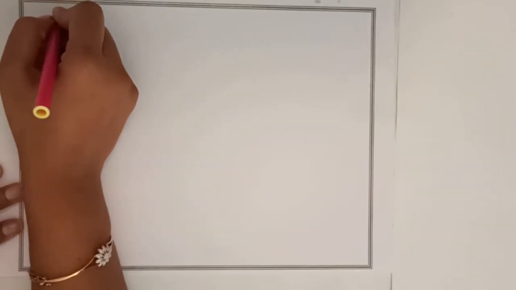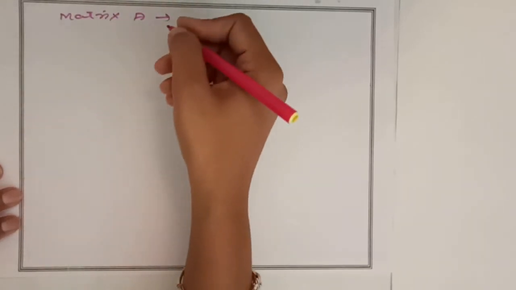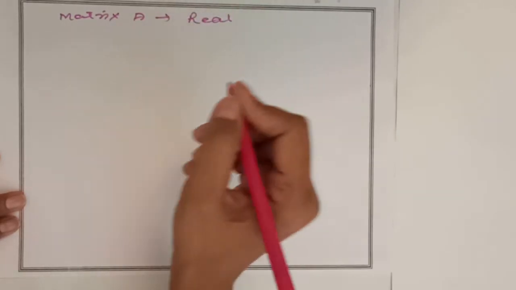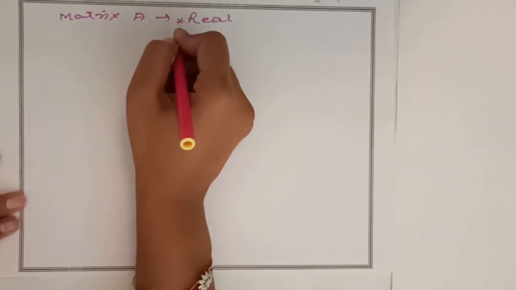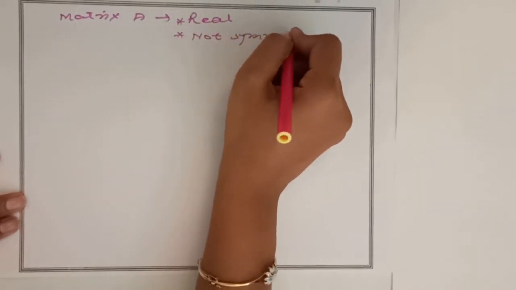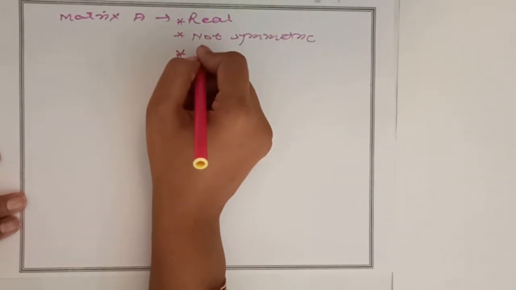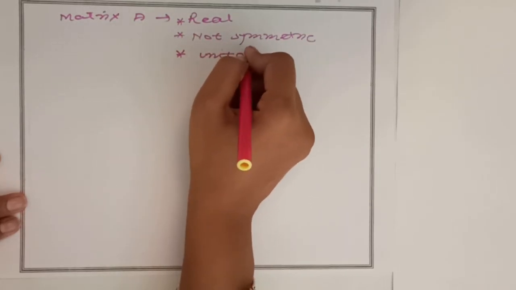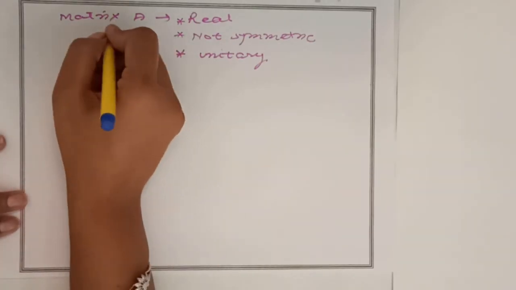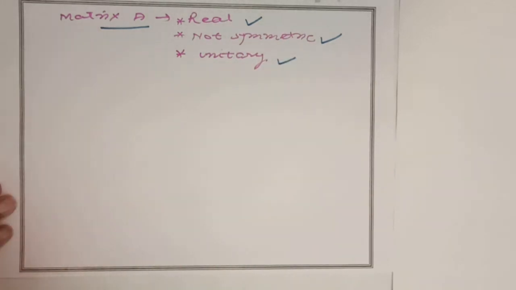The matrix A which you have written and utilized in that particular case is real, it is not symmetric, and it is unitary in nature. So these are the three characteristics of the matrix A: real, non-symmetric, and unitary.